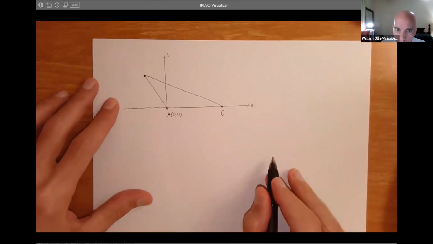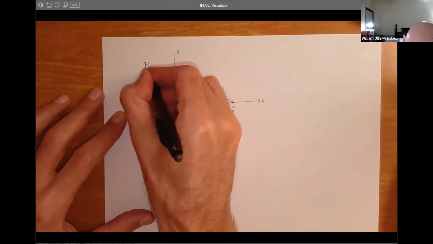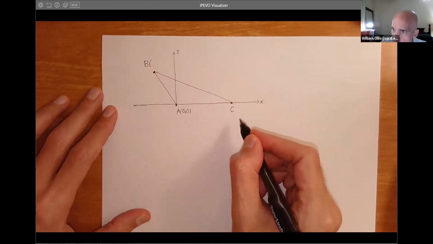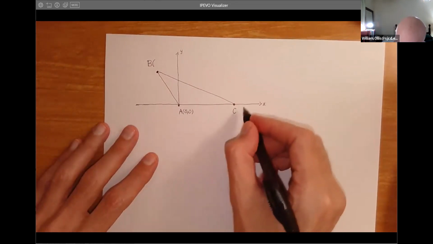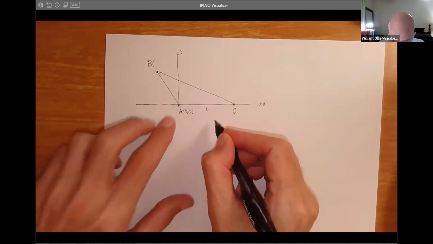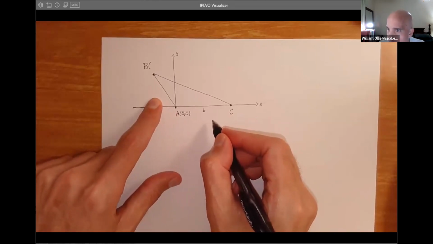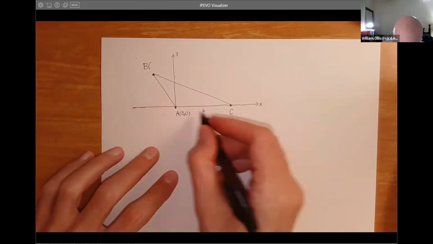Okay, not Rembrandt, but it will do. So we have B here, and of course we're going to ask, what are the coordinates, just like we did before. Now we have the opposite side here, and we're going to get another right triangle on this side, and we'll do the same kind of analysis.